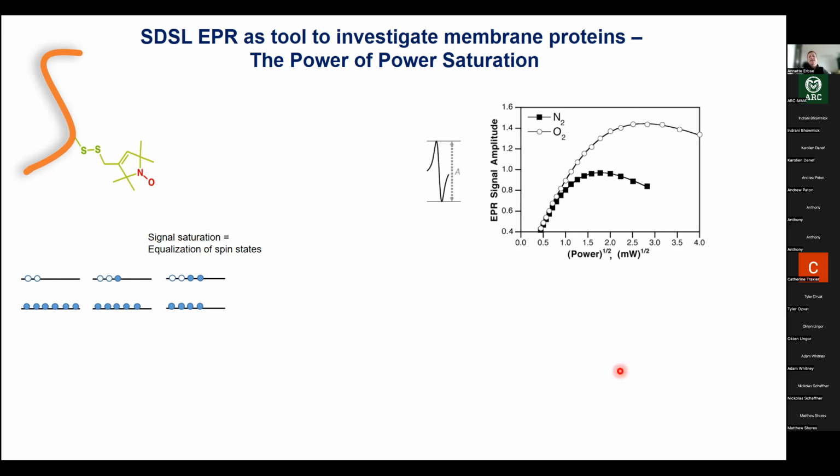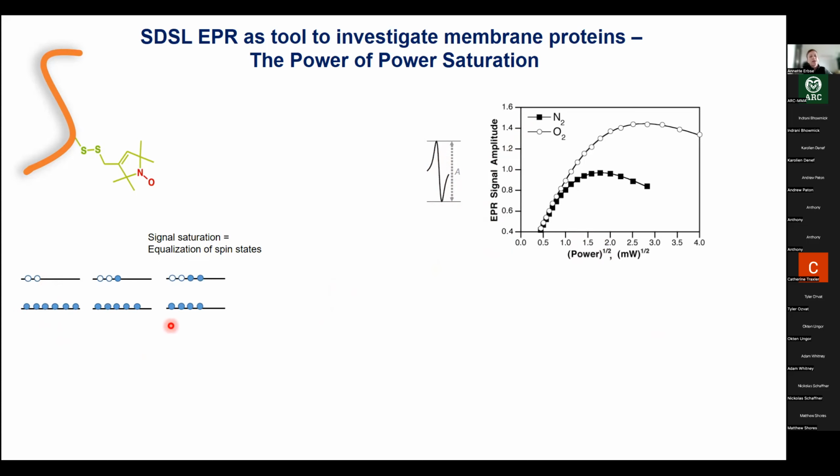Let me first explain quickly how power saturation works. If you look at the center line in your spectrum, the amplitude of that center line depends on the power of the electromagnetic radiation. That's intuitive to understand, because what we are doing is we excite from a low energy state to a high energy state, and the more power we put in, the more excitation we have, the bigger our signal is.